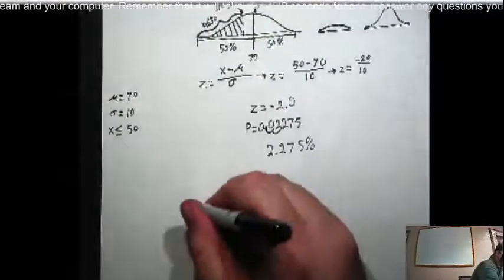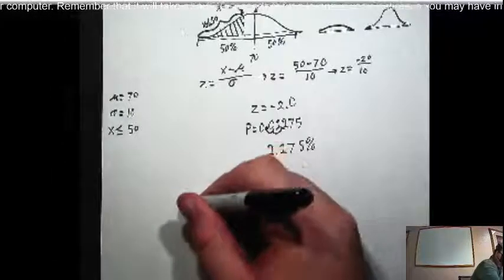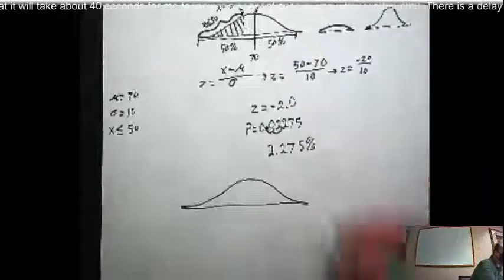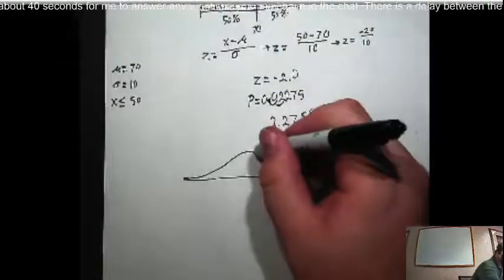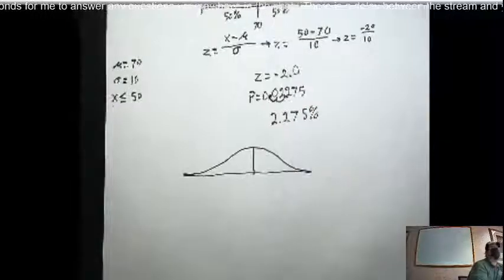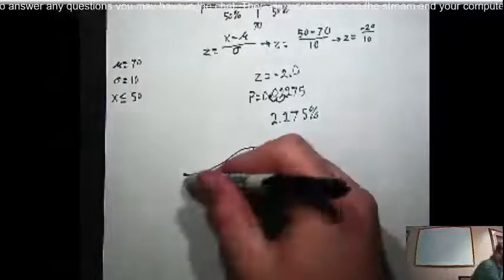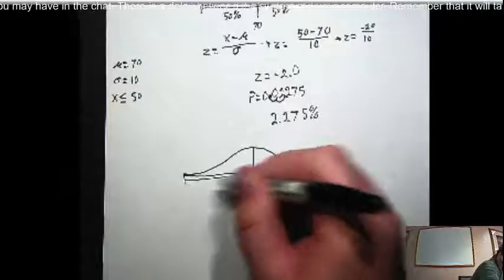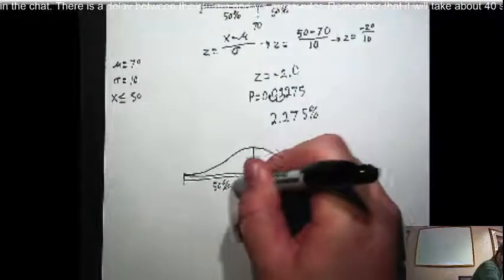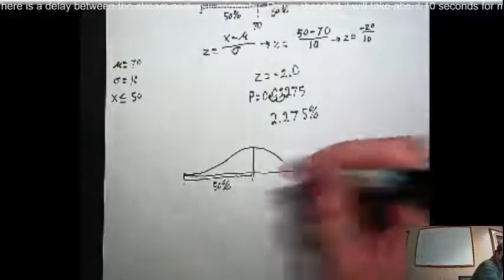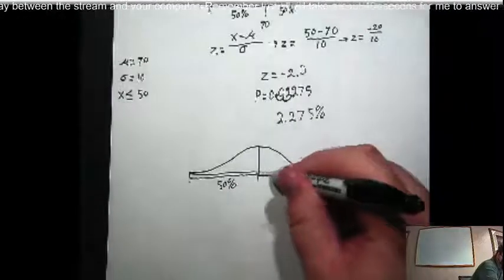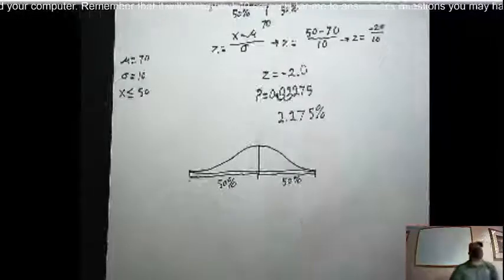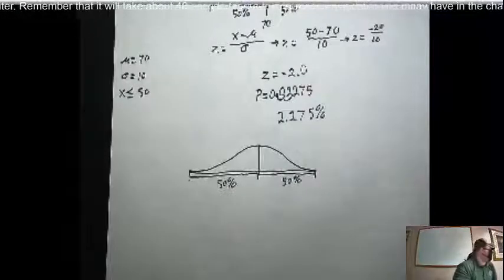Again, if our frequency distribution is normal, then we can say that 50% of our data is on this side, and the other 50% is on this side. Well, what is that all together? It's 100%, right?